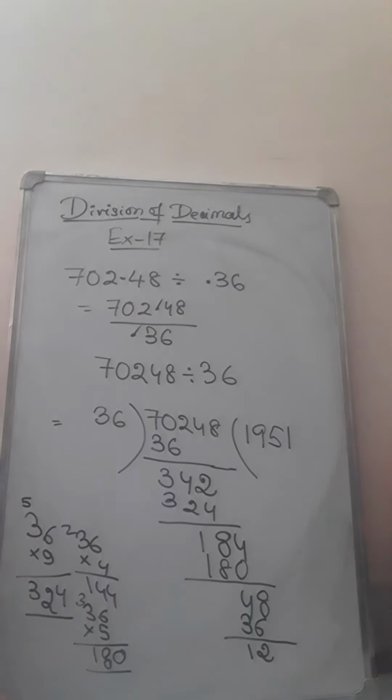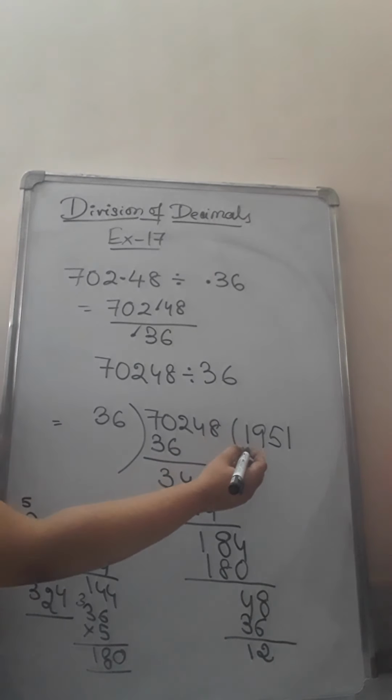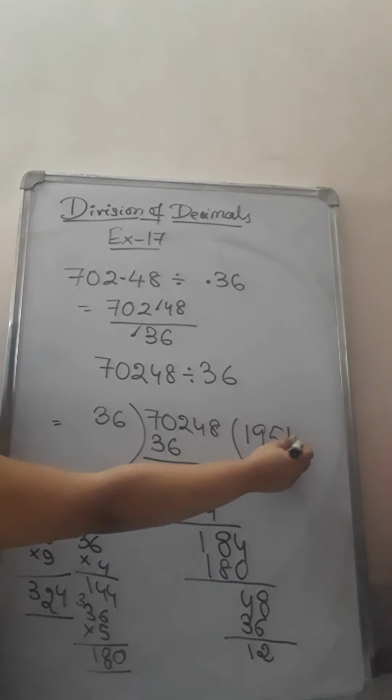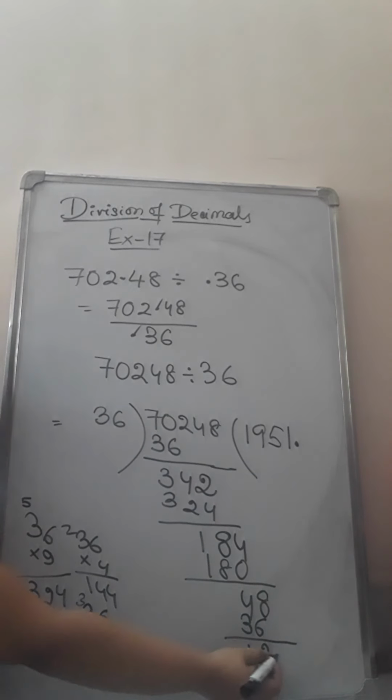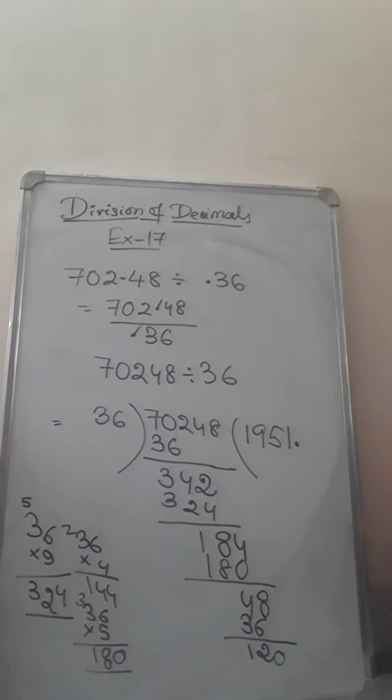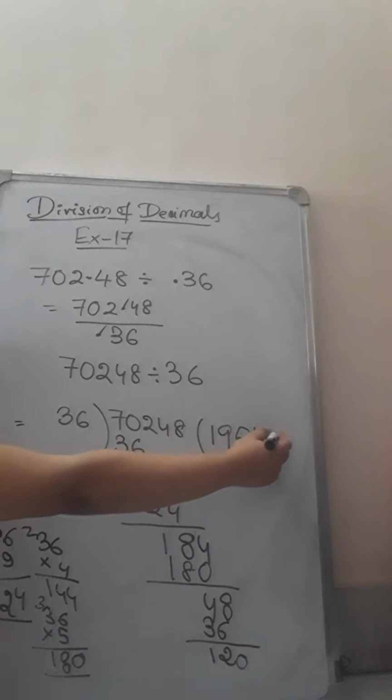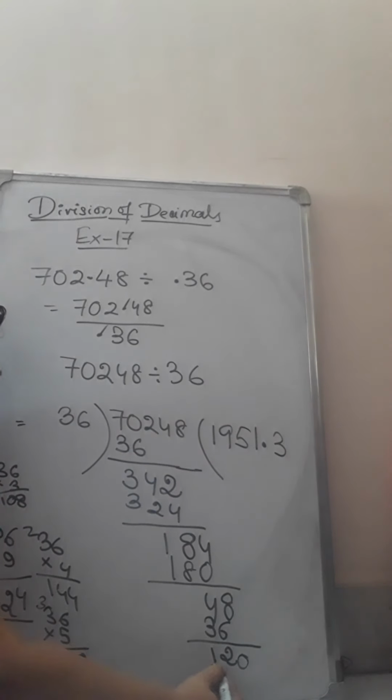Now 12 cannot be divided by 36. So you have to take a point over here and add a 0. Now try to divide 120 by 36. 36 fours are 144, so you have to try a lesser number. 36 into 3 will give 108.